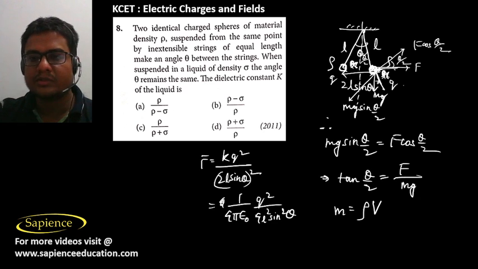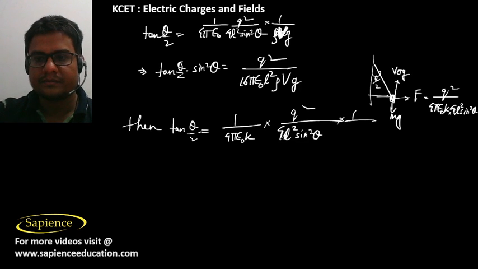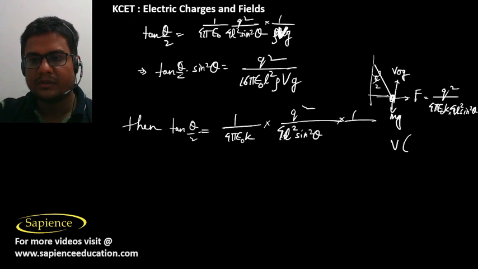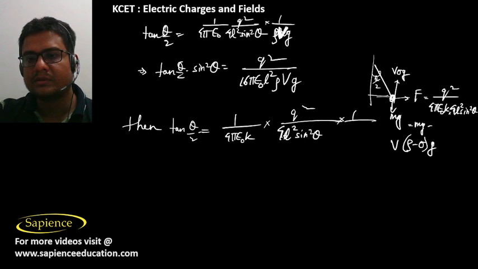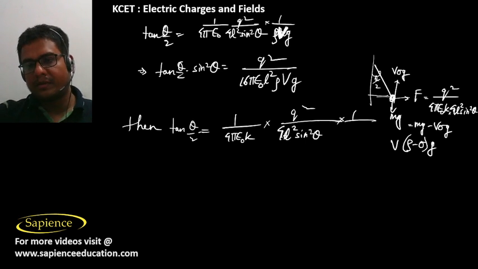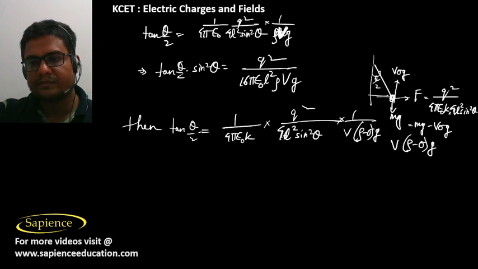But instead of mg I should write v into (rho minus sigma) into g, since it is mg minus v rho g, v sigma g.